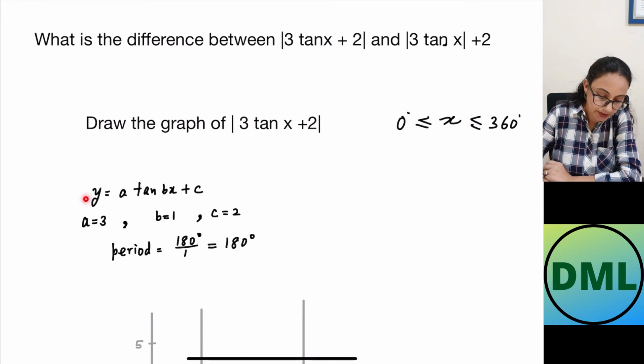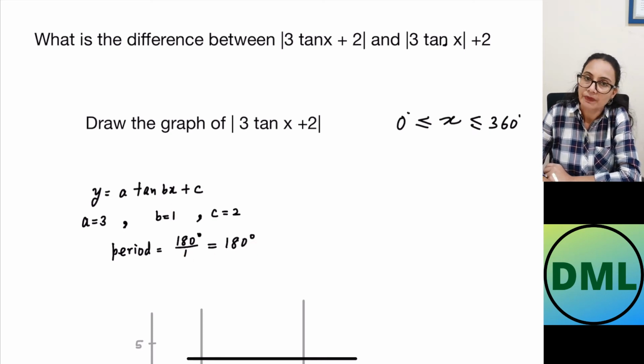So as we have compared our given value with y is equal to a tan bx plus c, my value for a is 3, the value for b is 1 and the value for c is 2. So our period is 180 degree over b. b is 1, so it is 180 degree.